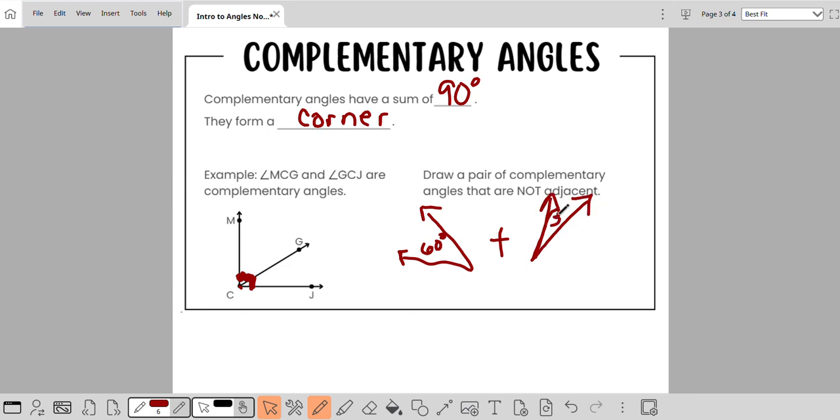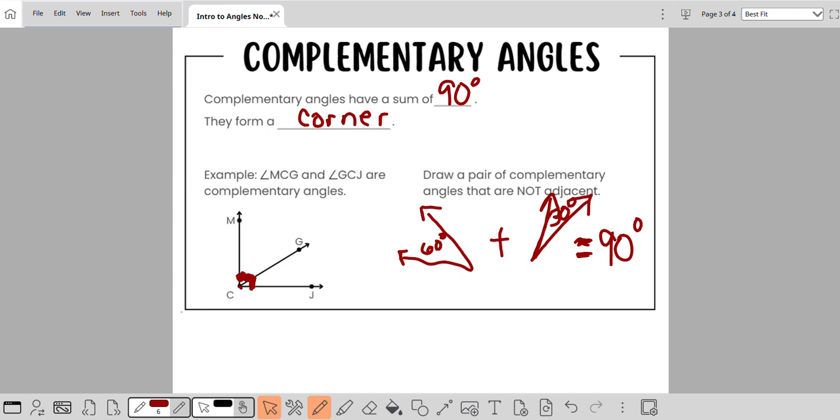So let's say this is 30 degrees. Together, they are complementary, and they do equal 90 degrees. Okay, but unlike this first set, they are not adjacent. So you can have complementary angles that are adjacent, and you can have complementary angles that are not adjacent.